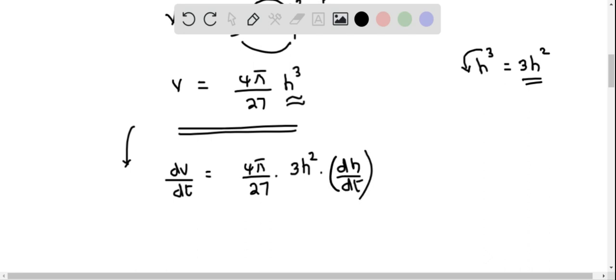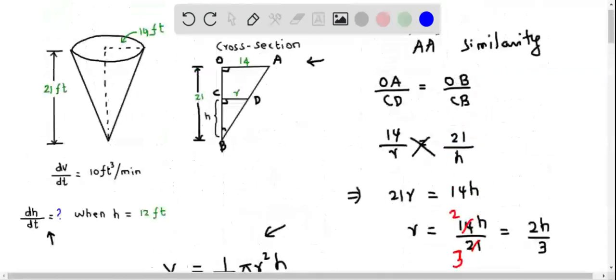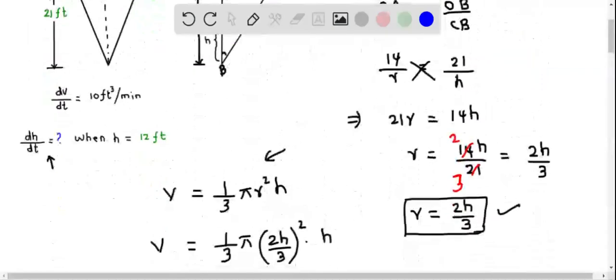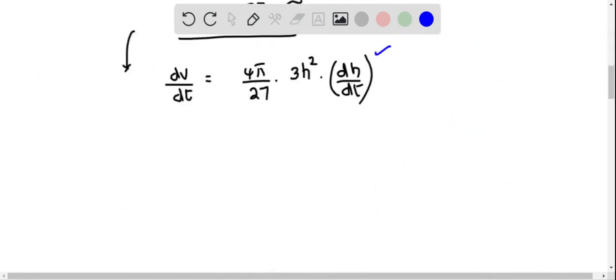So now we have all the values which we can substitute here and determine dh over dt. I'm going to plug in the values given in this question: dV over dt equals 10. So 10 equals 4 pi over 27.